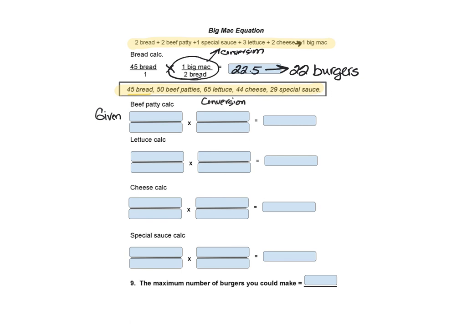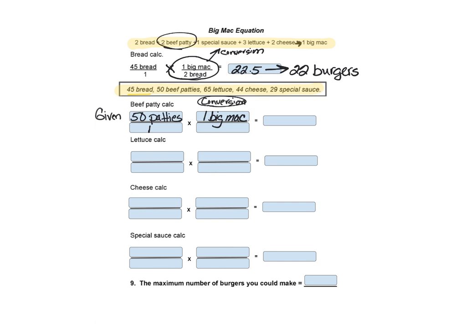So you're going to do the same for the rest of these. You start with your given. So I have 50 patties that are given over 1. The conversion is, for one Big Mac, how many patties do I need? This is where I'm going to go to the recipe.